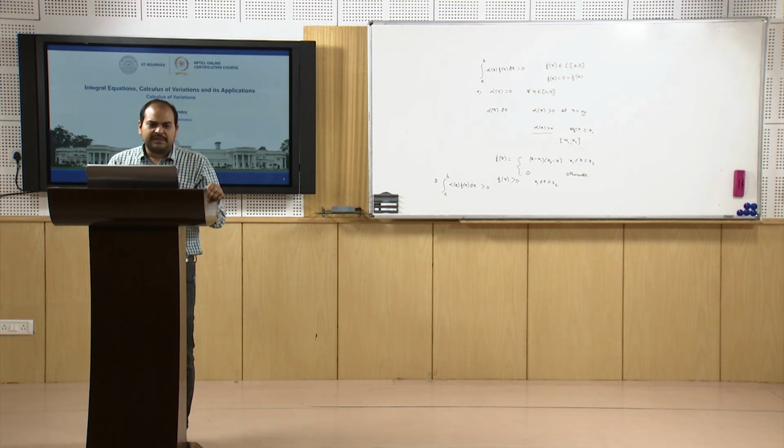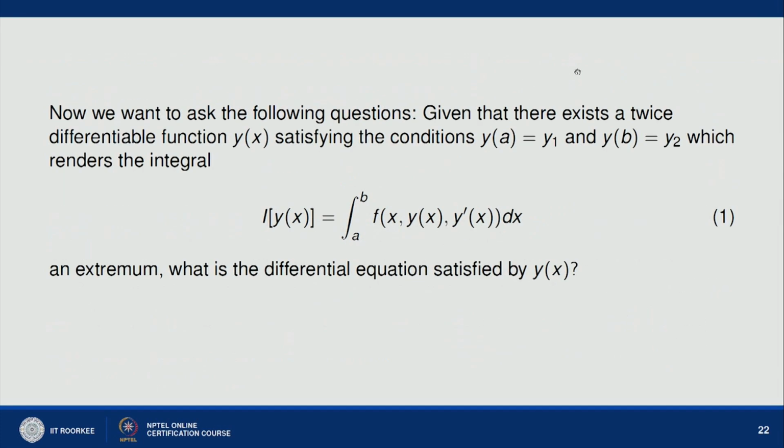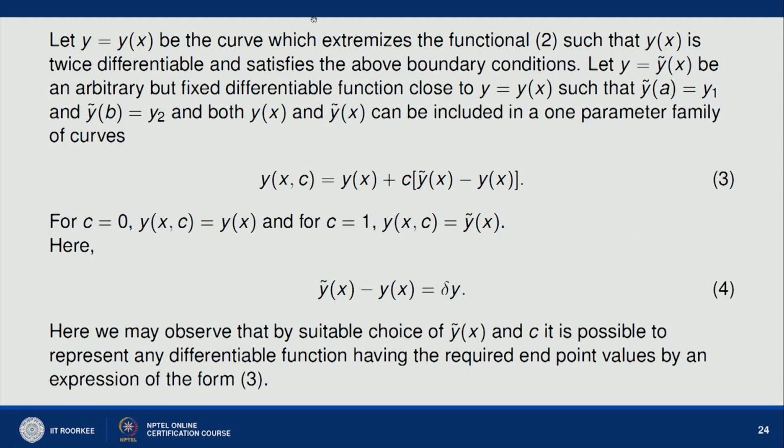So, let y equal to y of x be the curve which extremizes the functional I, such that y of x is twice differentiable and satisfies the above boundary conditions, that is y of a equal to y1 and y of b equal to y2.